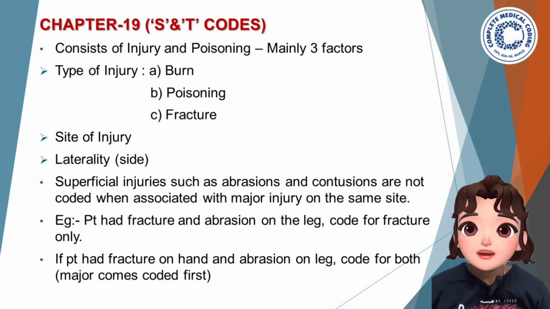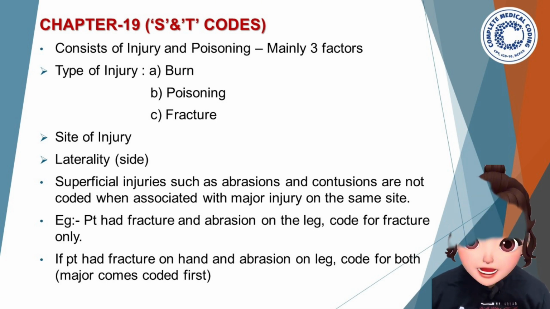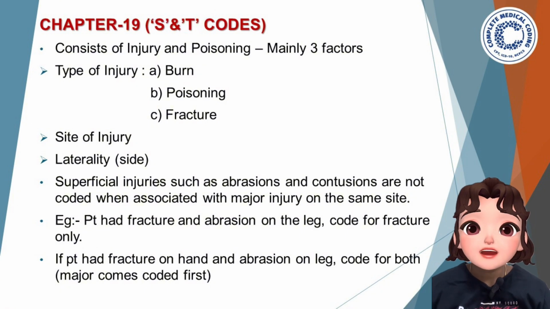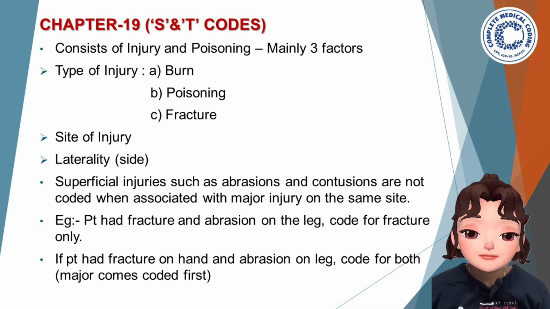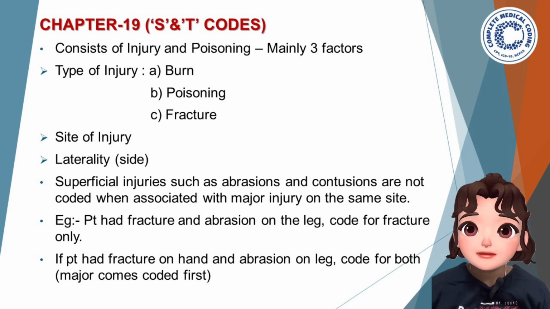Okay, so S and T codes. This chapter mainly consists of injury and poisoning. And there are mainly three factors that you have to consider while coding S and T codes: type of injury, site of injury, and the laterality. Type of injury represents there are three types of injuries: burn, poisoning, and fracture.